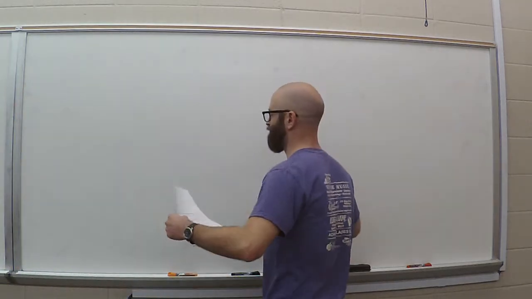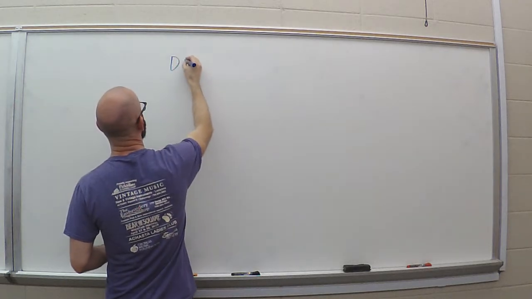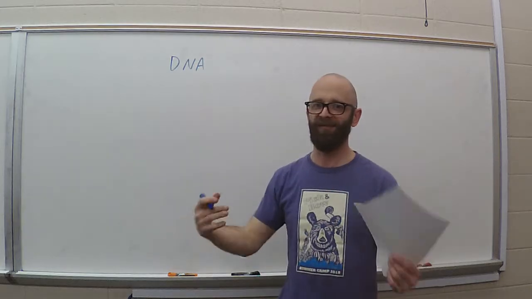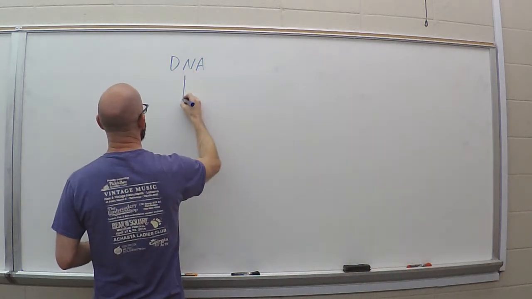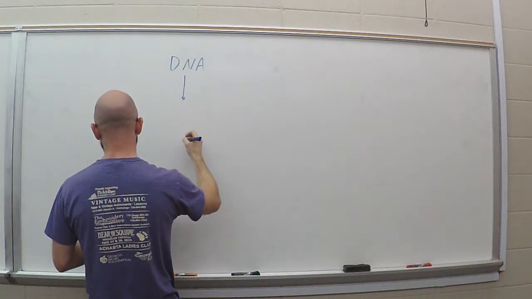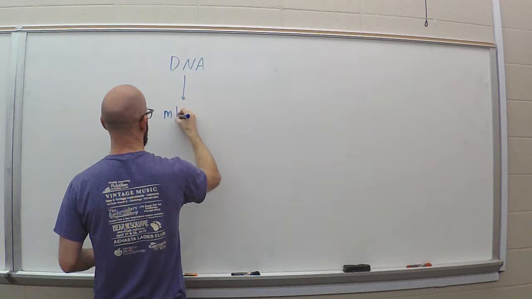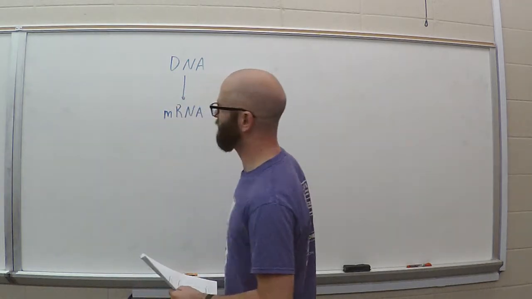So, in a very broad sense, the process looks something like this. You start with DNA, right? And the DNA has genes encoded in them. And then that DNA is used as a template to make what we call mRNA, messenger RNA.